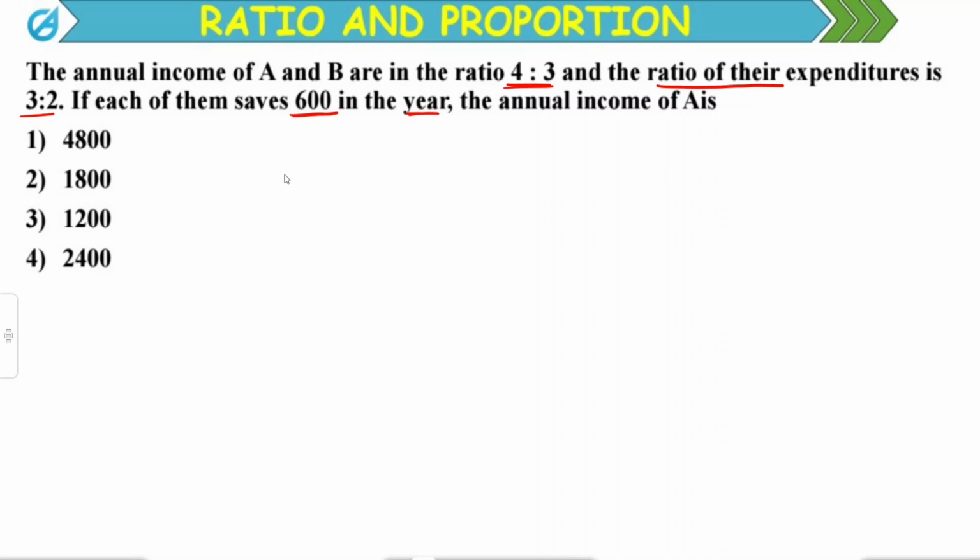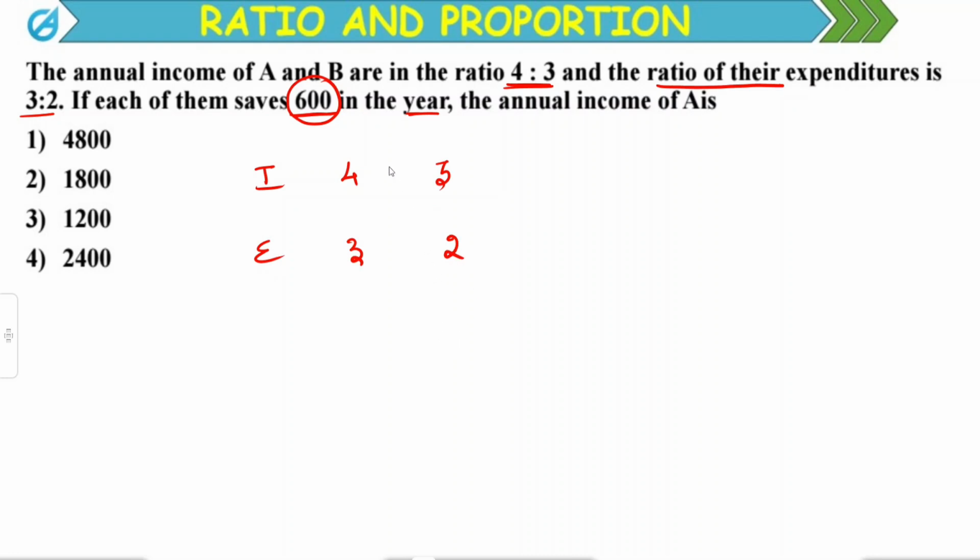Here, I'll tell you the shortcut directly. Whenever both the persons are saving the same amount, what we have to do is see, what is the income ratio? 4, 3. What is the expenditure ratio? 3, 2.